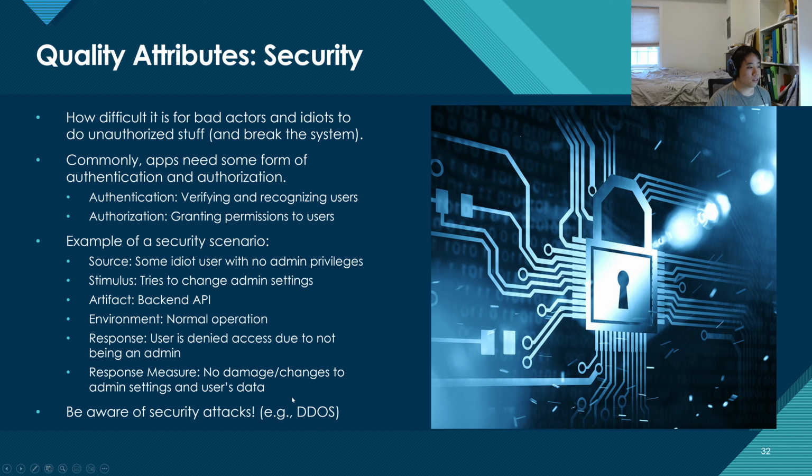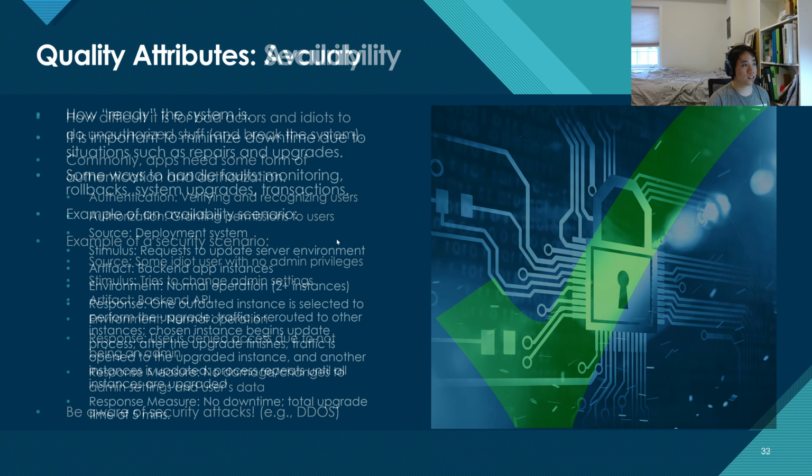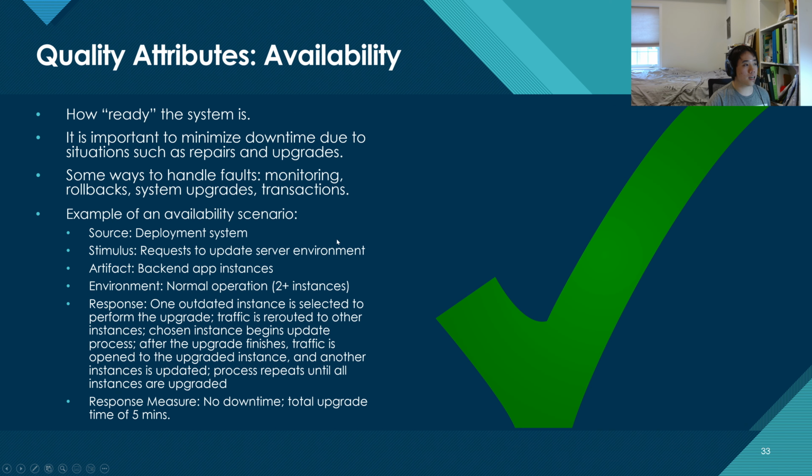Okay. So, whenever you consider security, think about the potential attacks that your components are going to witness. Availability is how ready the system is, or how long it is up and running, in a percentage, like 99% uptime.